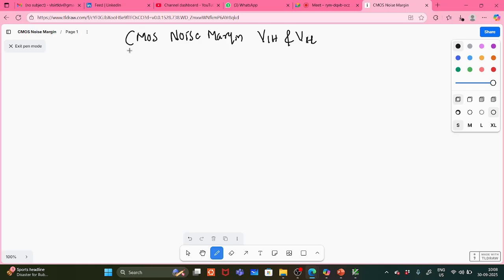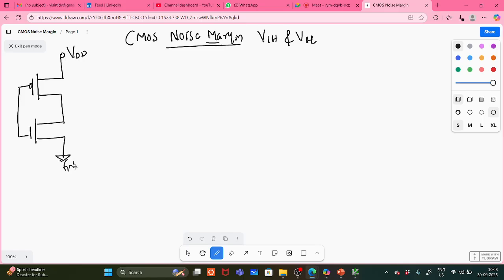We already saw the CMOS circuit. Here this is VDD, and here you have PMOS as pull up and NMOS as pull down. This is ground, this is V in, and this is V out.